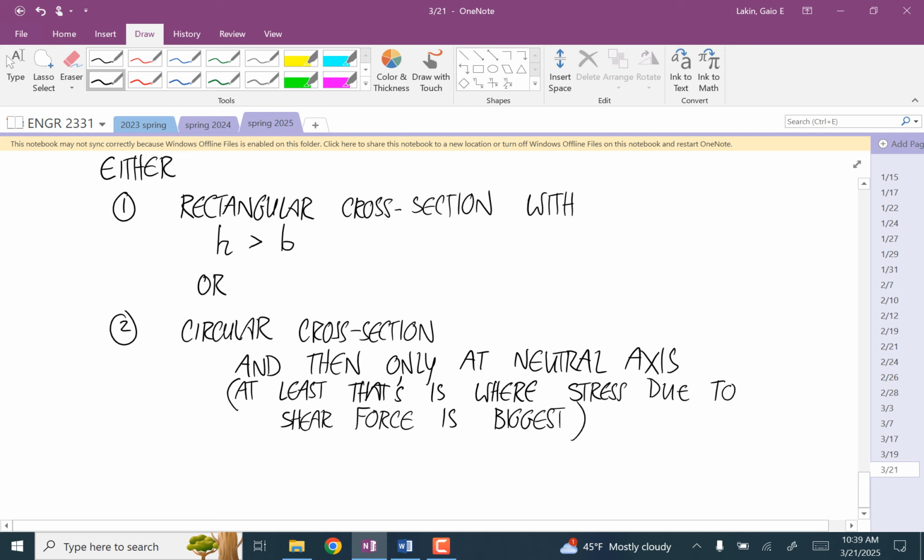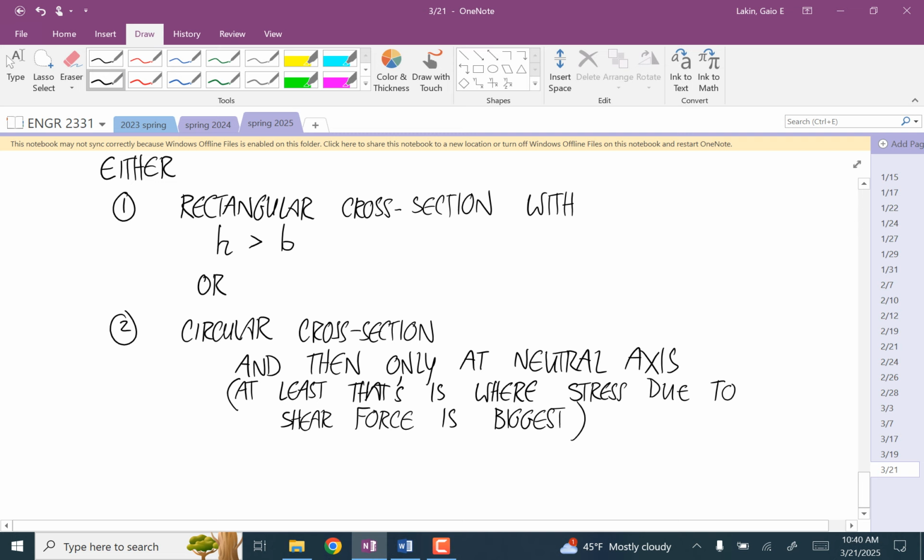Okay, so all that stuff about Star Trek communicator shapes and all this cool stuff, we could do calculations for bending moments. If there's shear force present, all that is thrown out, and all we can really do is rectangular, or we could do circular at the neutral axis.